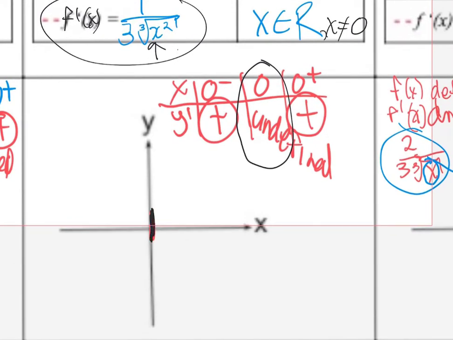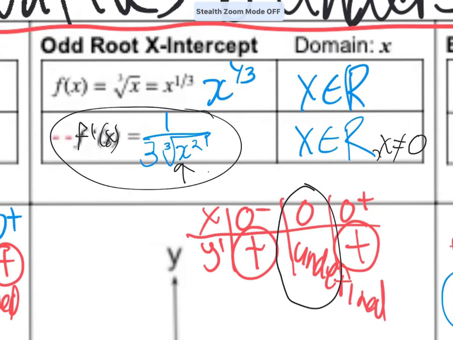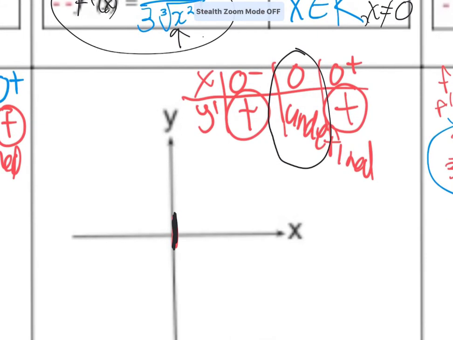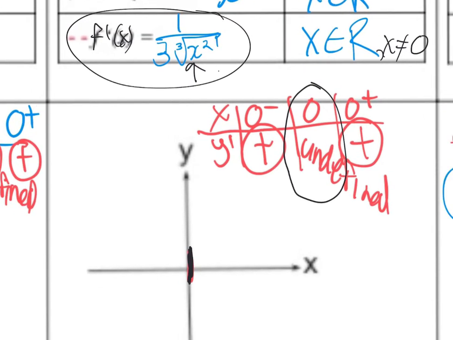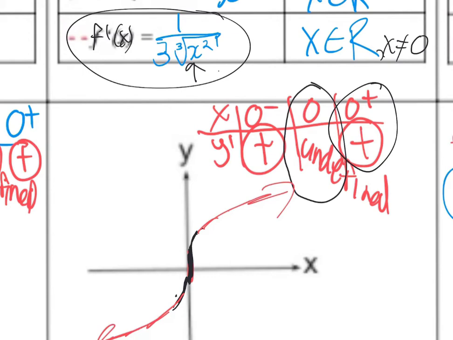Okay, so there's a vertical slope, and to the left the slope is quite positive. Okay, so down here the slope is very, very positive. And then the slope to the right on the 0 side is also very, very positive. Okay, so that's what the shape of a cube root graph looks like. Okay, with calculus reasons. That's what the shape of a cube root function looks like.